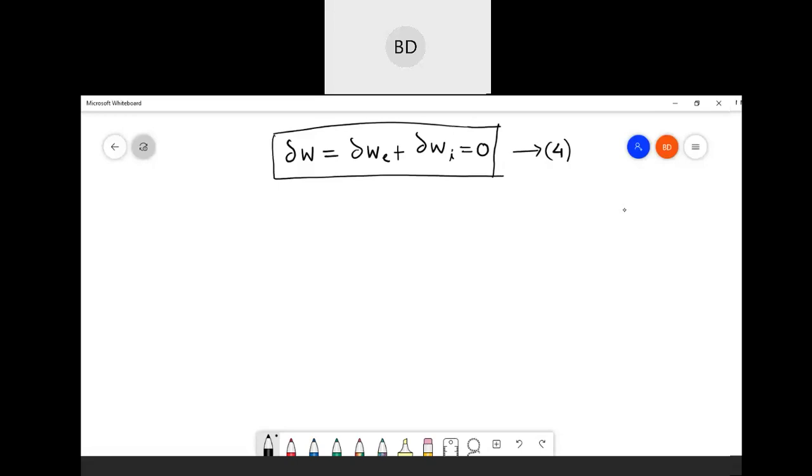So now you have to draw two diagrams. Simple diagram though. Two parallel springs.